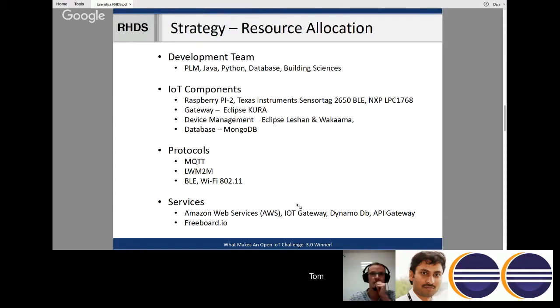In terms of services, on the front end we used Amazon Web Services. We used their IoT gateway component to receive the MQTT traffic. We housed our data in DynamoDB, and then we used their API gateway to give us a REST interface, which we then connected to using Freeboard.io, which is again an open source dashboard service.